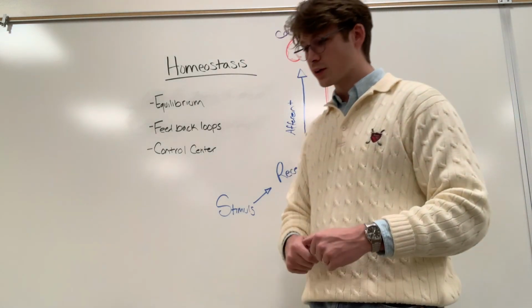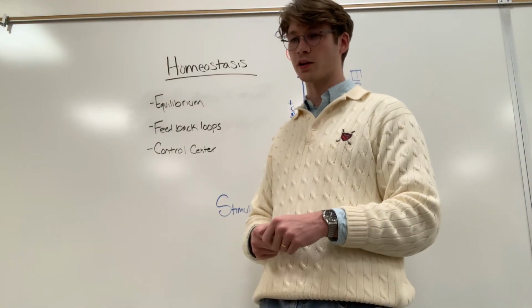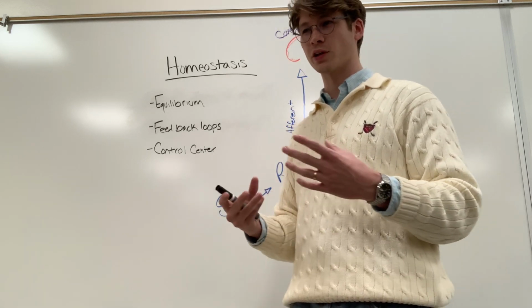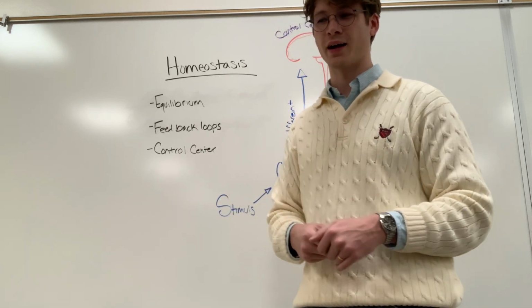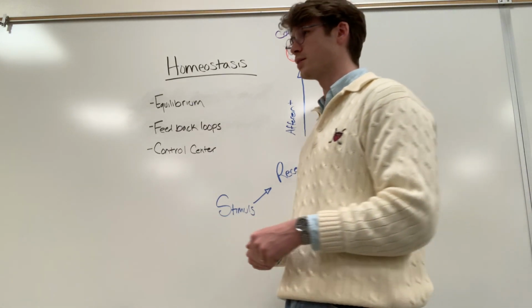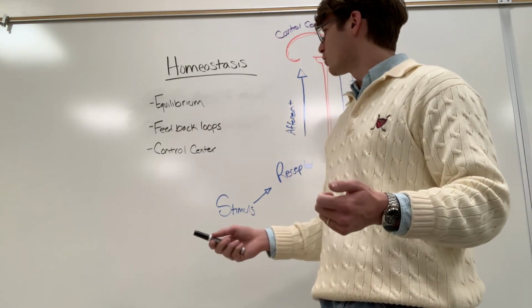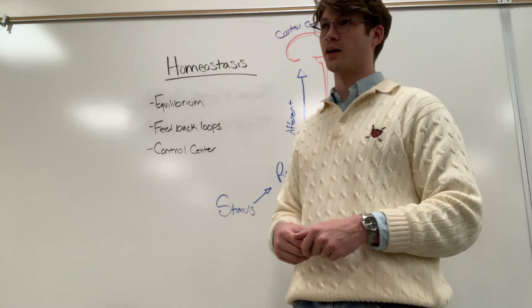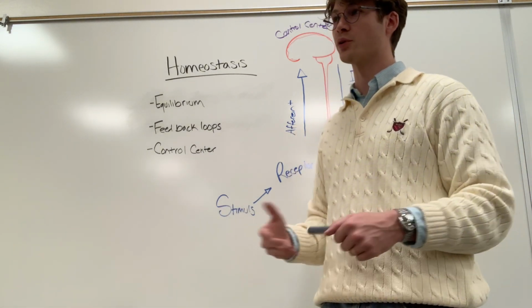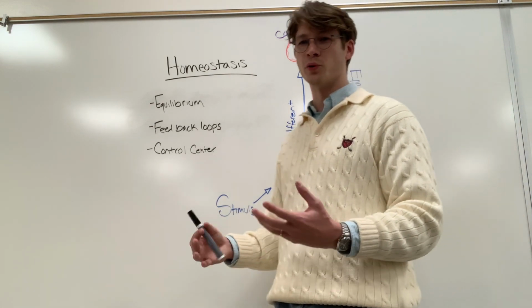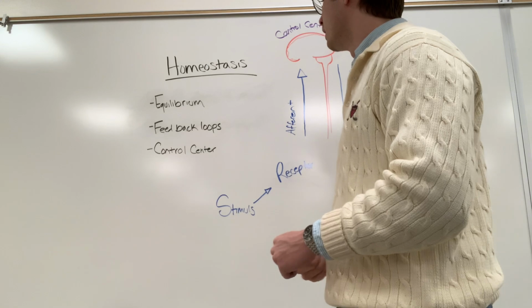It gets tricky because every system in our body has to work together and share this space with every other aspect of our bodies. It gets difficult when one system needs something and another needs something completely different, but it works together. That's the state of equilibrium or homeostasis that we're talking about.